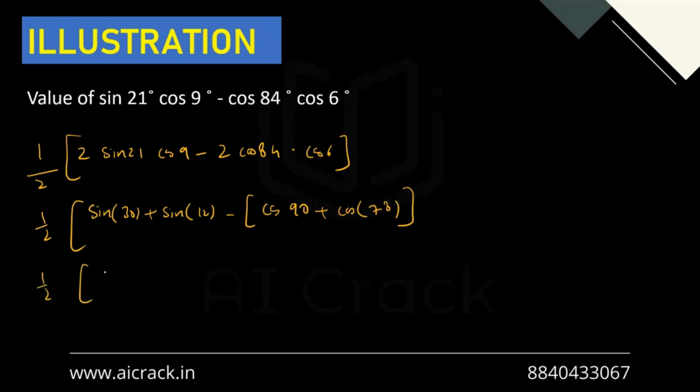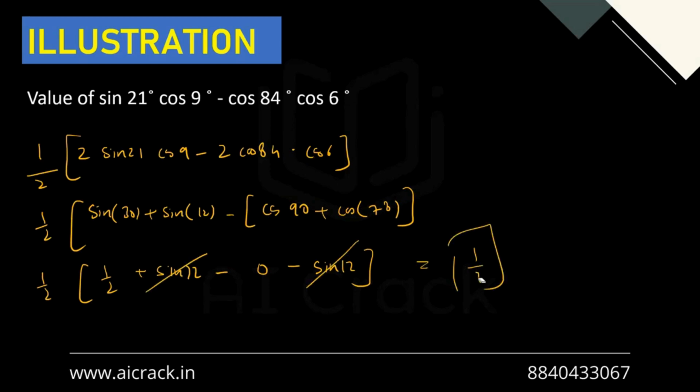Now this becomes 1 by 2. This is sine 12 minus cos 90 is 0, and minus we have cos 78, that is nothing but sine 12 only, with the help of complement angles. So this one gets cancelled out. Now we are getting 1 by 4 as the answer.